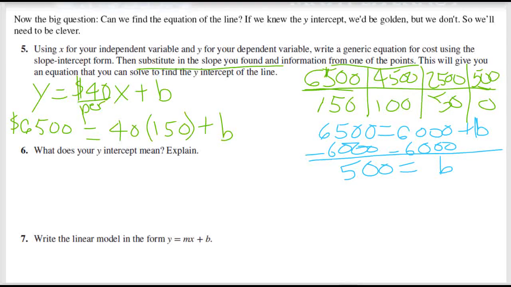Question 6. What does your y-intercept mean? It's a constant charge. They'll charge $40 per person, but then they also add a constant charge because they have constant costs that are not dependent on the number of people. The banquet hall has to buy more food if you have more people, but it really doesn't cost any more to clean up.